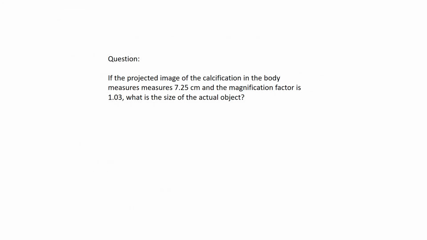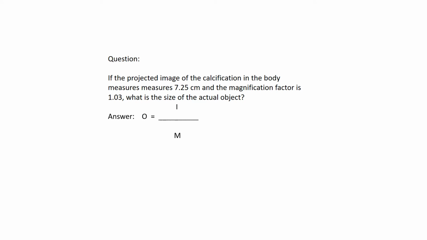Here's a question. If the projected image of the calcification in the body measures 7.25 centimeters and the magnification is 1.03, what is the size of the actual object? So we can reverse the formula a little bit.